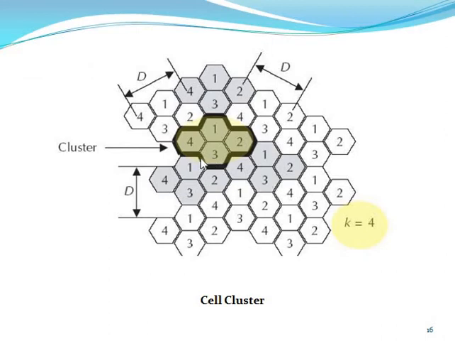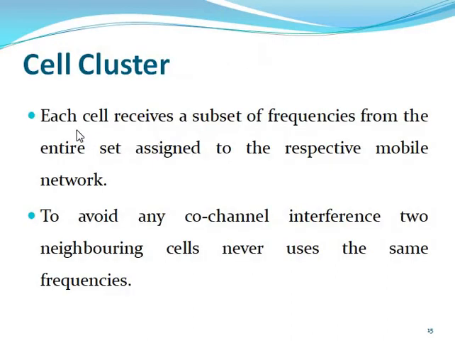So you can see how you cluster and what the cell cluster is. You can see here, this is one cell cluster. This is 1, 2, 3, and this is one cluster. So what is the cell cluster? Each cell receives some subset of the frequency from the entire set.